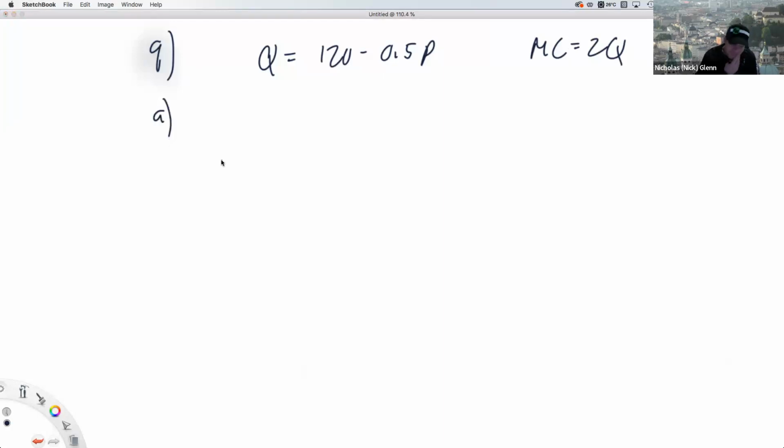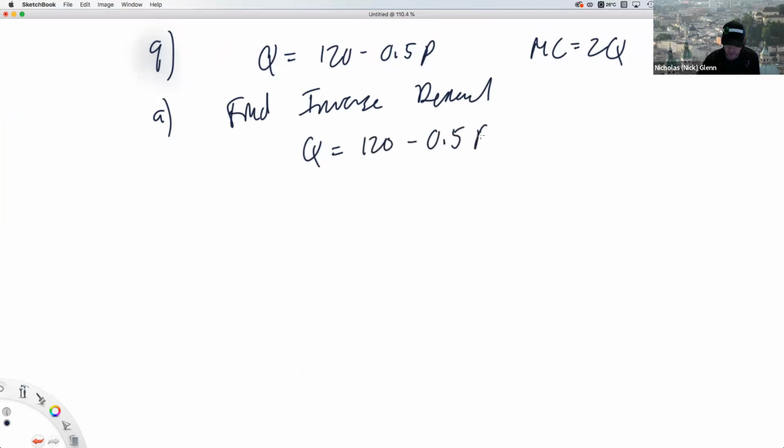All right. First thing we need to do, we need to find the inverse demand, because we want to find what's the profit maximizing price and output. We find the output first, and then from that we can determine the price. But we need to find inverse demand first. So you take your regular demand here, Q equals 120 minus 0.5P, and you get the inverse of this.